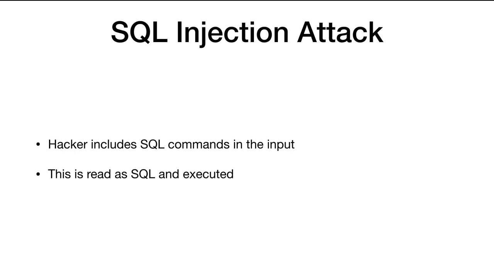Then when that input comes back out and is parsed by the PHP server, it's read as SQL and executed as SQL. So it means that information that was meant to be data gets misinterpreted as commands.